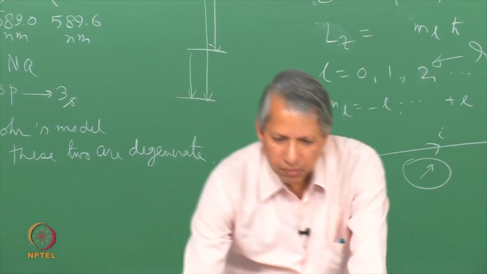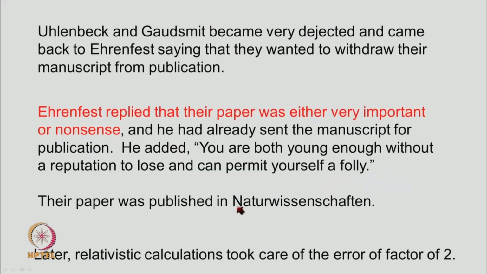So, the paper was published in the journal Naturwissenschaften, and later calculation using relativistic correction also took care of the factor of 2, which initially they had trouble explaining. So, this suggestion of Uhlenbeck and Goudsmit did turn out to be very important.